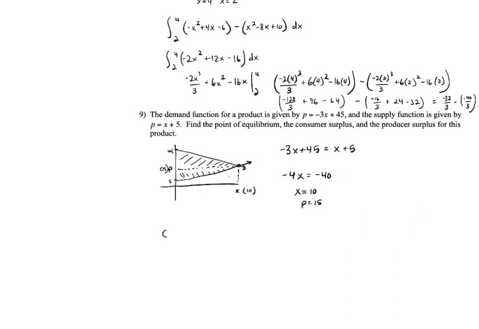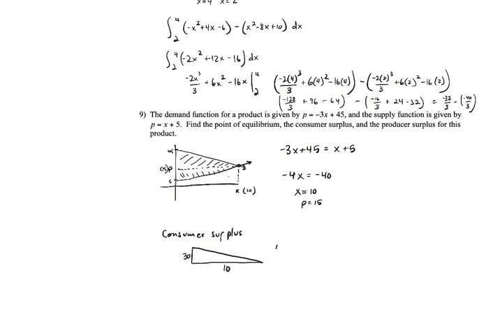So then for consumer surplus, we have a triangle that looks like this. So the difference between 15 and 45 is 30. This is not drawn according to scale, obviously, and then from here to here is a horizontal distance of 10.